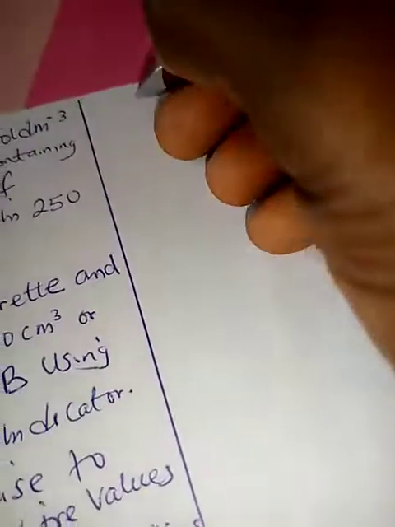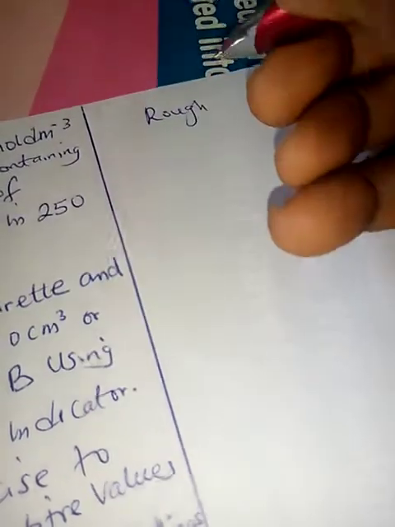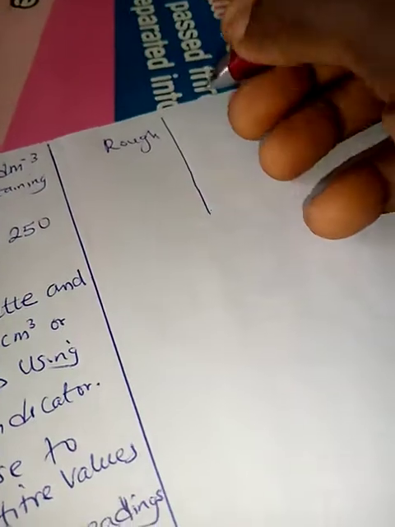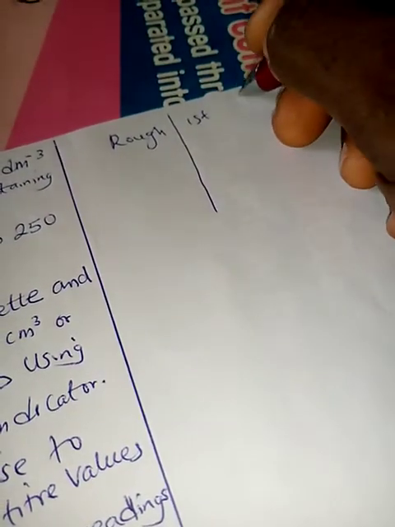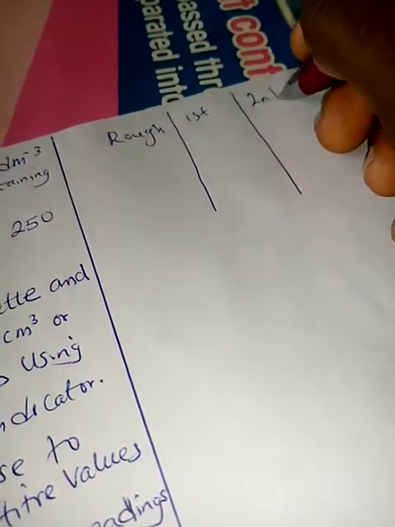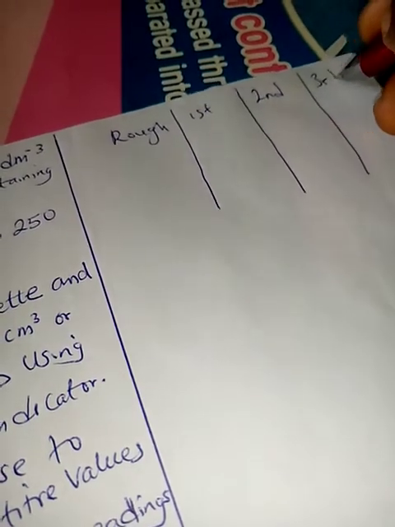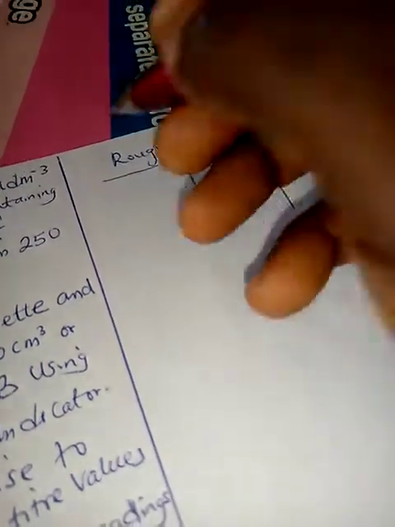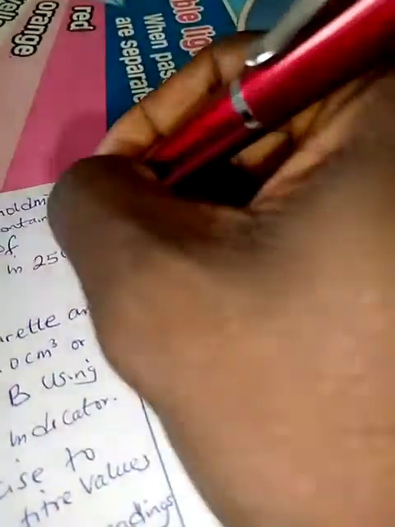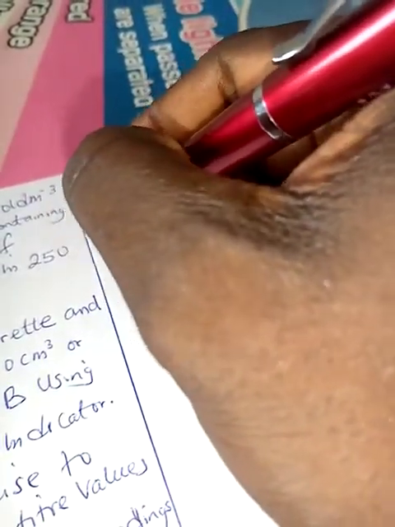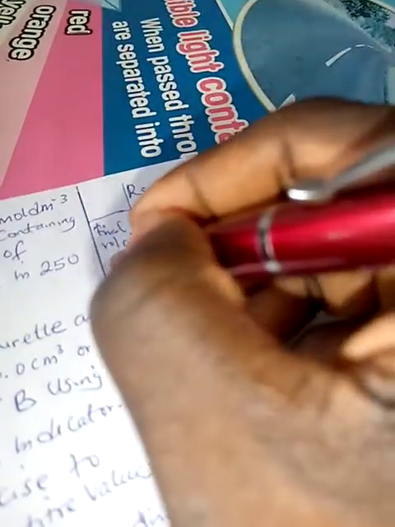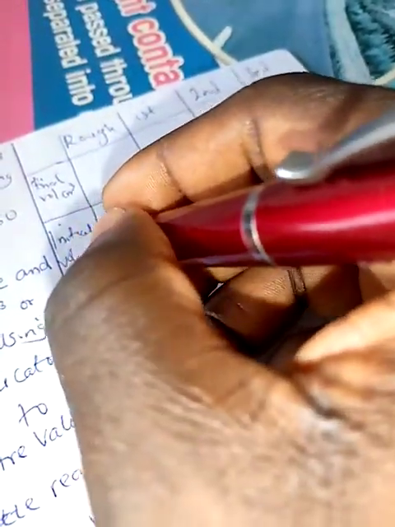I'm going to have rough, first, second, then third. Now I'm going to have the final volume in cm cube, then the initial volume in cm cube.